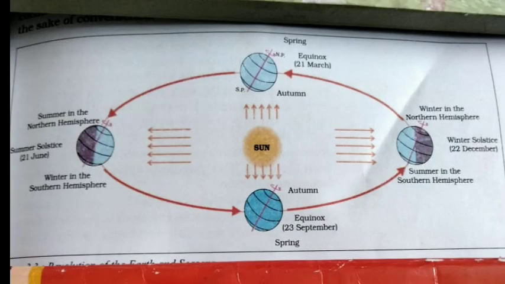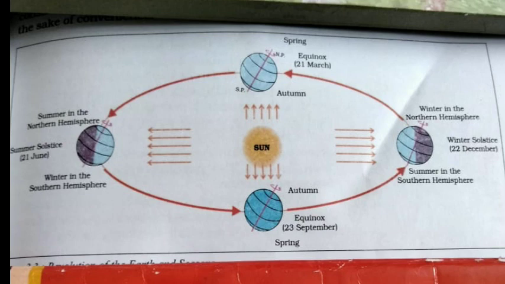Now, a year is divided into summer, winter, spring, and autumn seasons. Seasons change due to change in the position of the earth around the sun. The areas near the poles receive less heat as the rays of the sun are slanting.